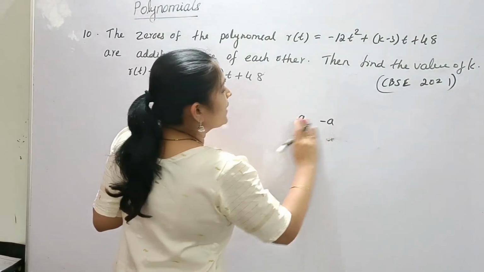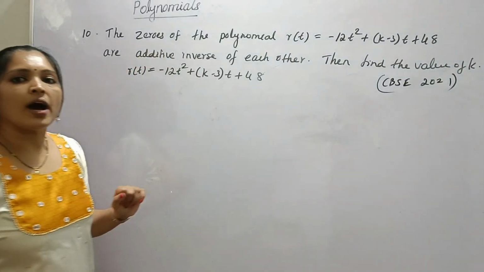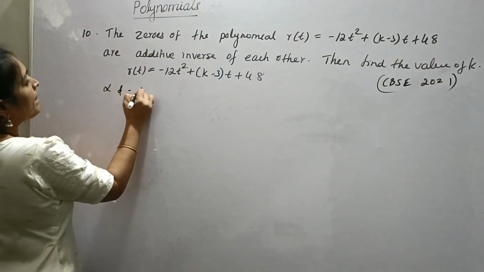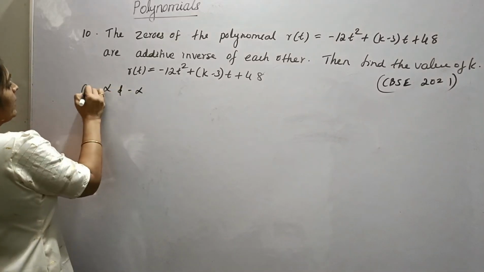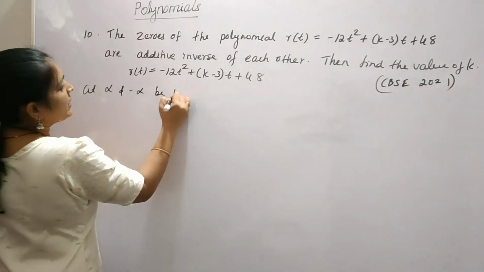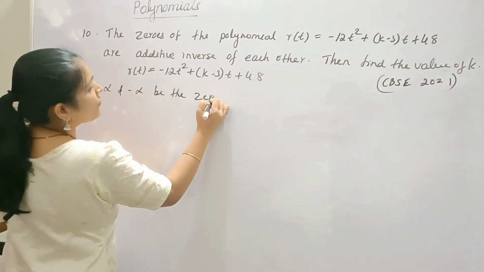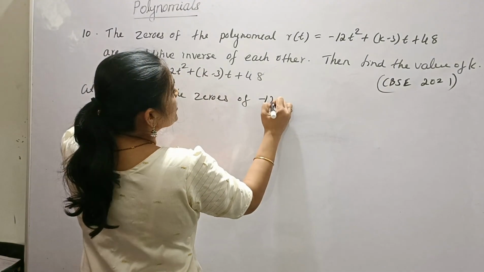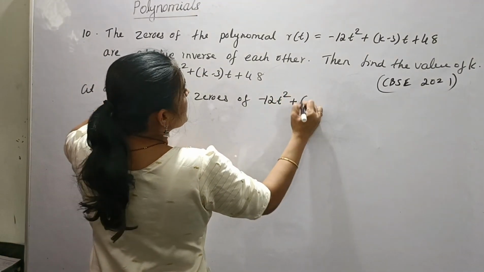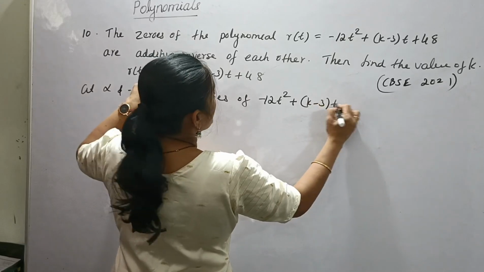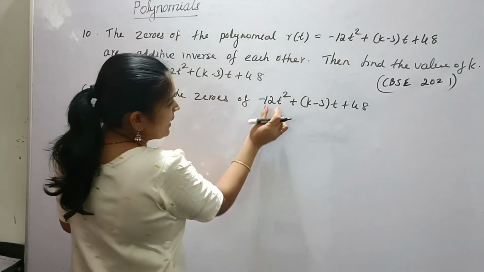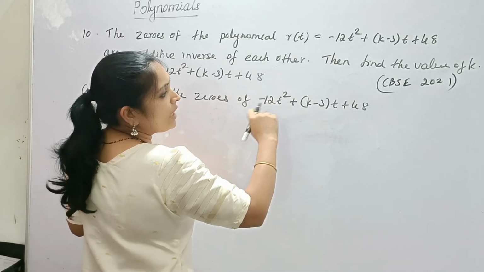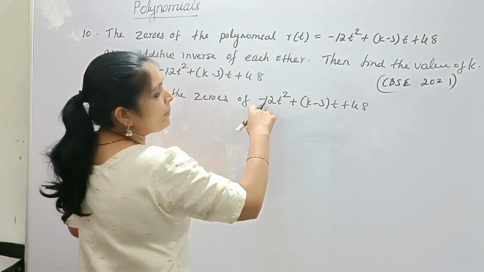So here let's take alpha and minus alpha are the zeros of the given polynomial. Alpha and minus alpha. Okay, let alpha and minus alpha be the zeros of this polynomial, that is minus 12 t square plus k minus 3 t plus 48. Now here let's make the coefficient of t square 1. Okay, for that we have to divide throughout by minus 12.